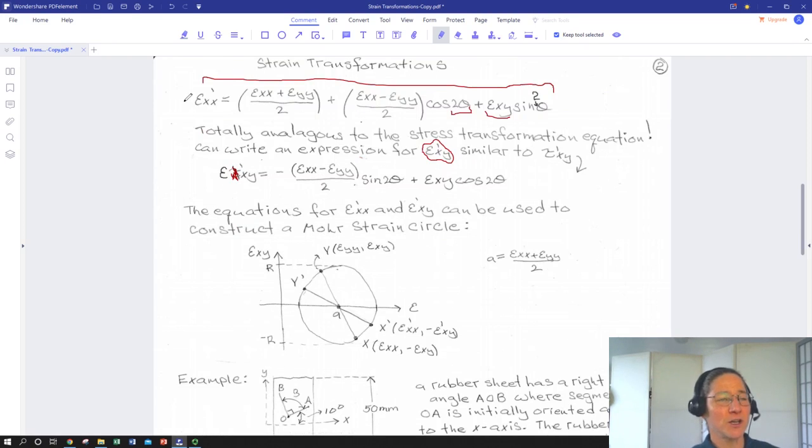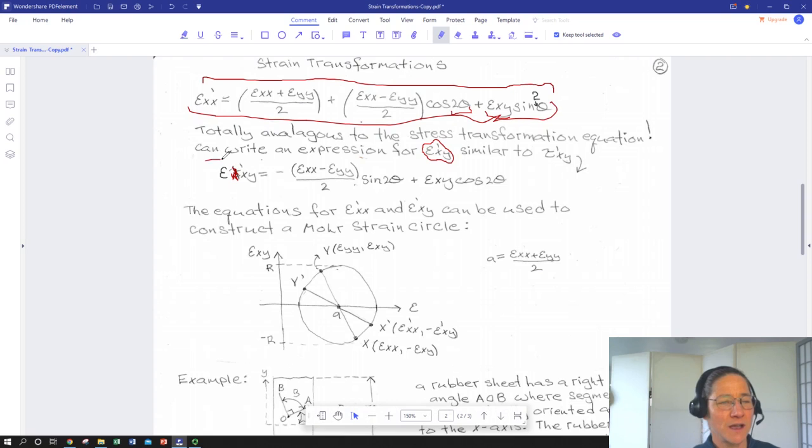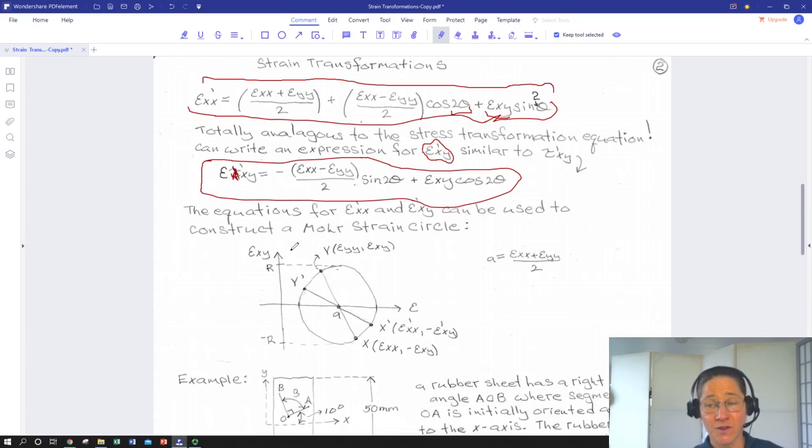So if you take a look at this expression and this one, and you compare that to our stress transformations, you'll notice that if you use both of these, you can plot a Mohr circle just like you did for stress, where we have normal strain instead of normal stress on the vertical axis, and shear strain on the horizontal axis, as opposed to shear stress.